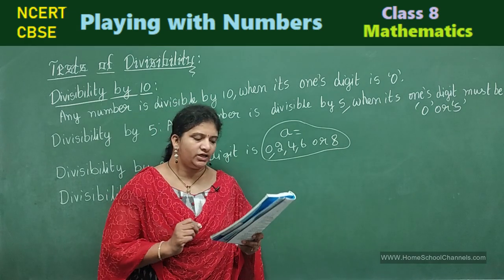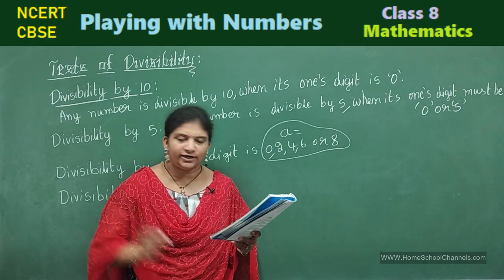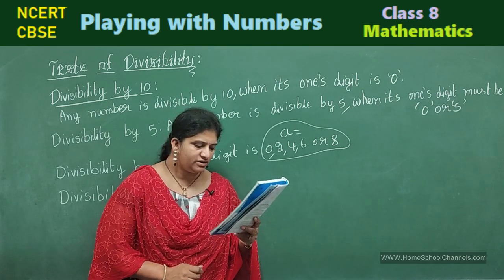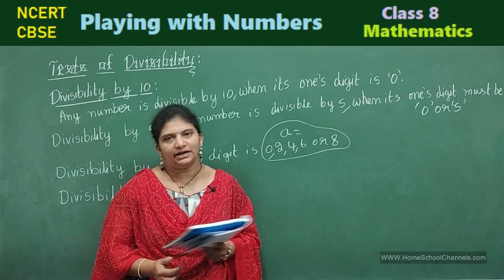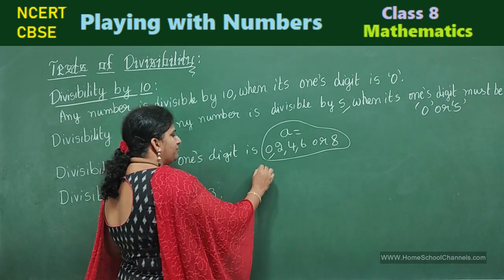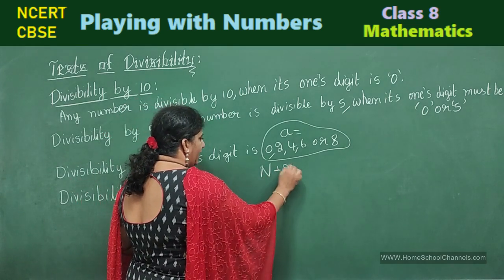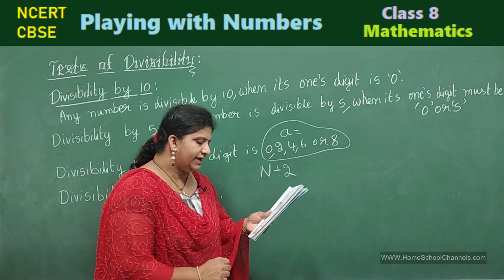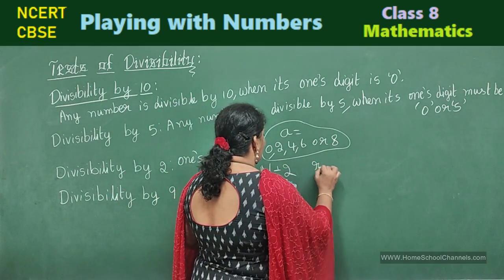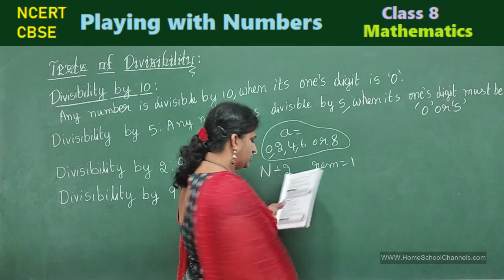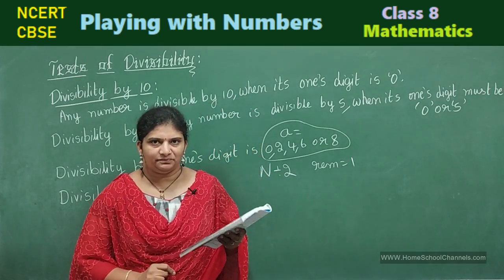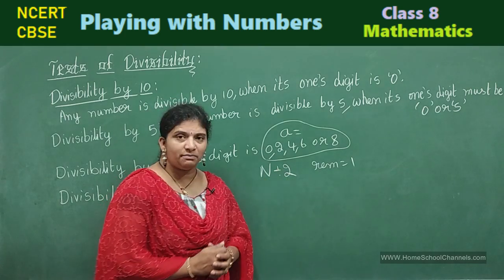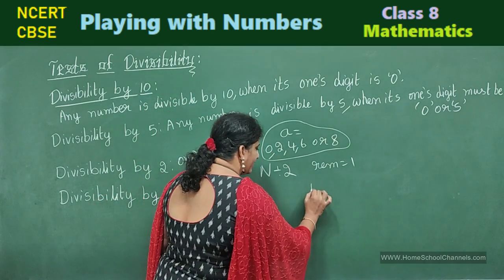After divisibility by 2, we have one more to try. Let us see that. First one: n divided by 2 leaves a remainder of 1. The remainder is equal to how much? 1. What might be the ones digit of n when n is divided by 2? Again, let us try to understand.